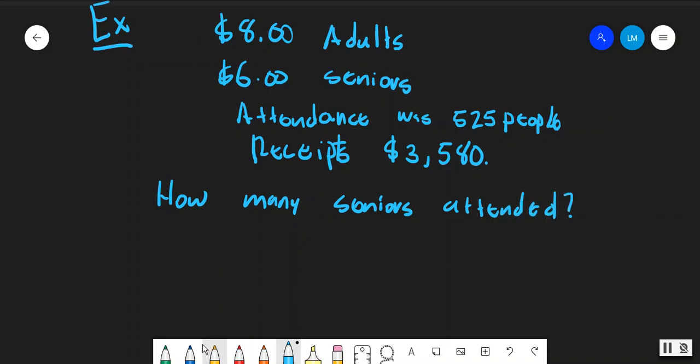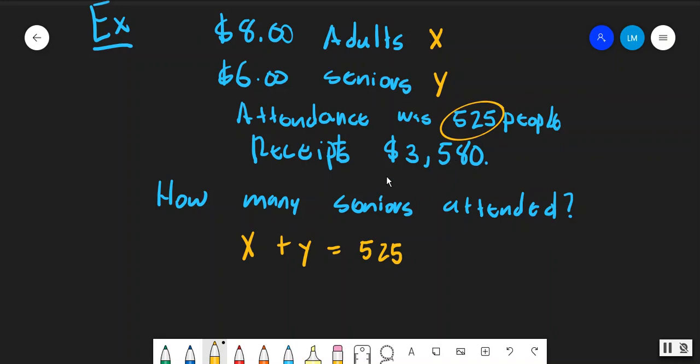in this case, what we can do is just set up our system of equations. We know that x could be the number of adults and y could be the number of seniors. So we can set up our system like x plus y equals 525. Okay, so that takes care of this one.